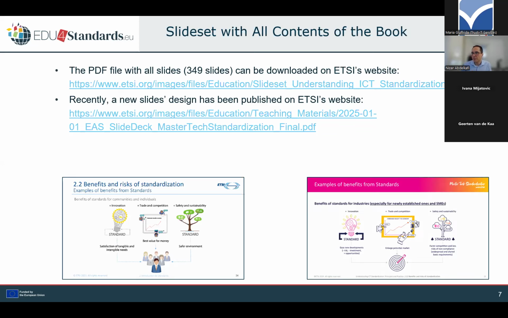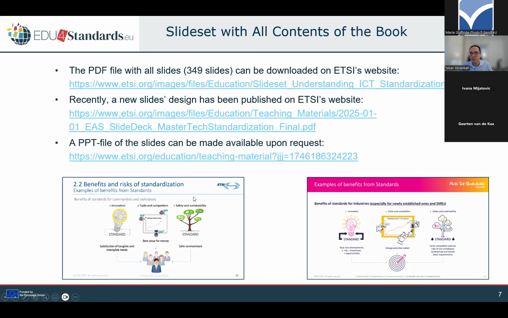Here is the design of the new slides, as you can see. If you require the PowerPoint file, you have to make a request on that link. On the web page there is a request form, and ETSI will then contact you in order to make the PowerPoint accessible to you.